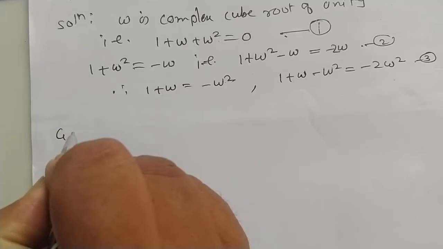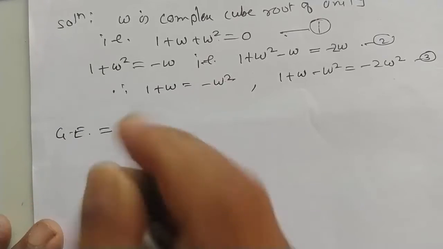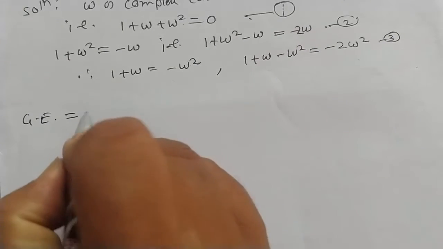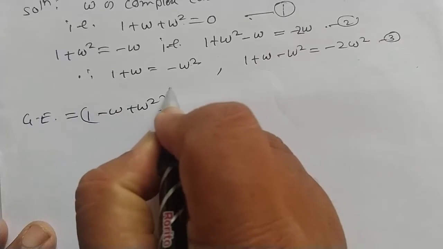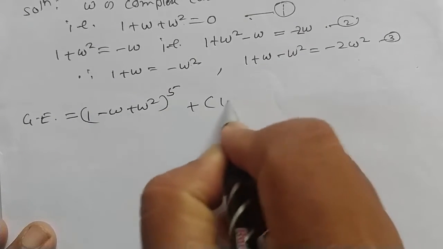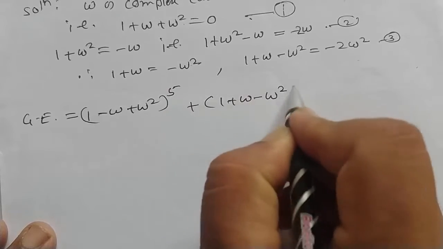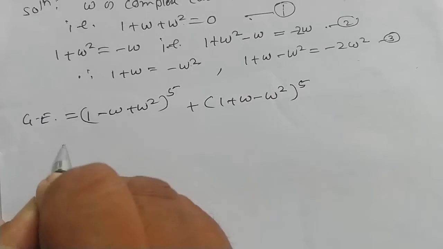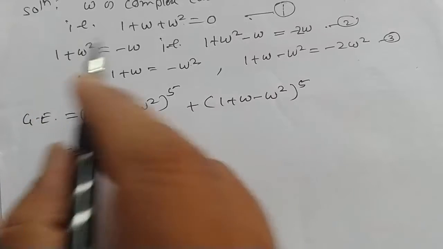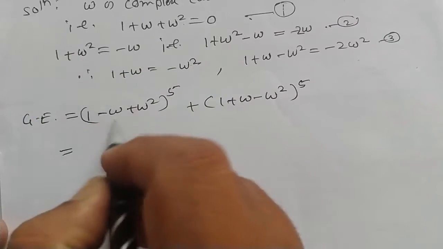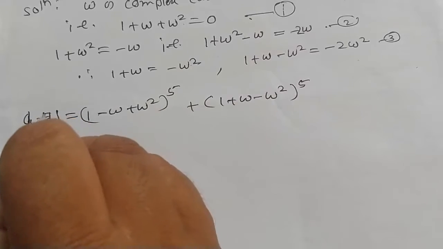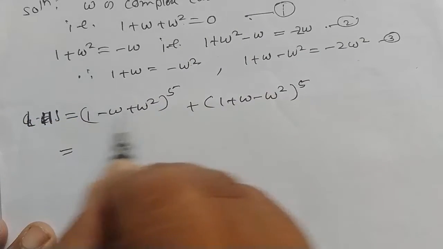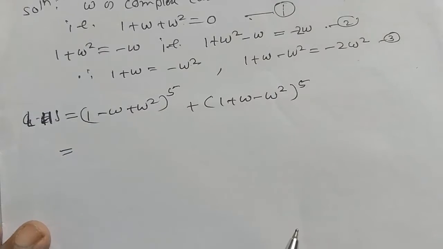Now the given expression is equal to (1 minus omega plus omega square) raised to 5 plus (1 plus omega minus omega square) raised to 5. This is the left hand side, that is LHS. We want to show LHS equal to RHS.